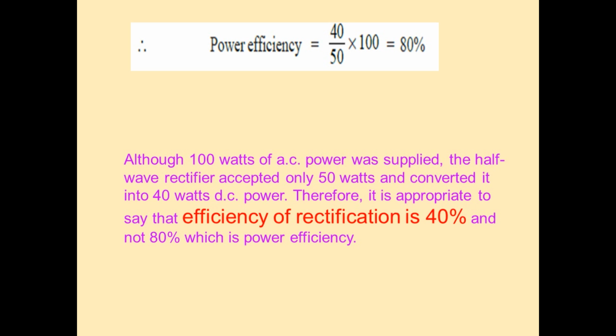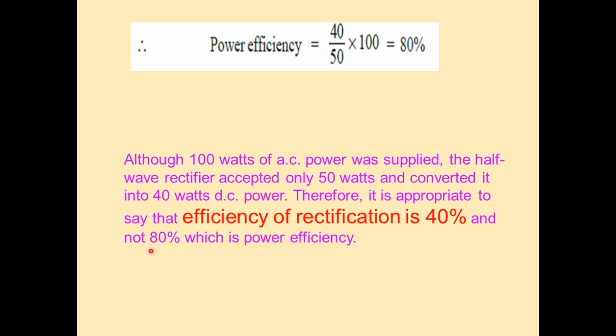So although 100 watts of AC power was supplied, the half wave rectifier accepted only 50 watts and converted it into 40 watts DC power. So it is appropriate to say that efficiency of rectification is 40% and not 80%, which is power efficiency.